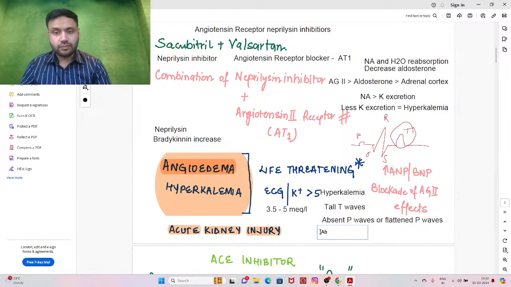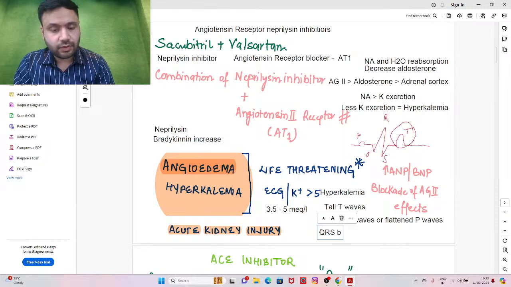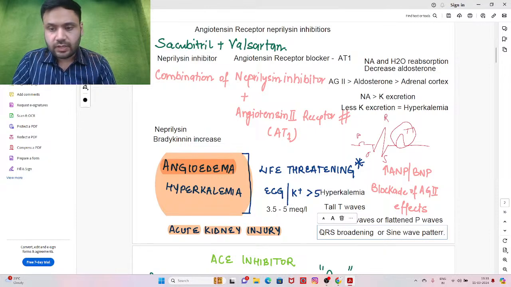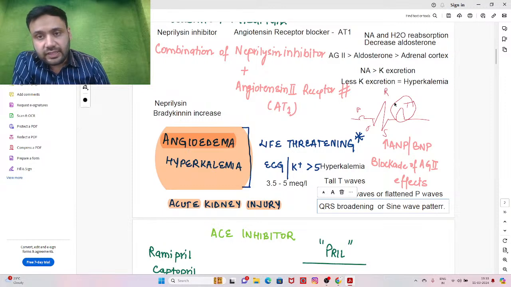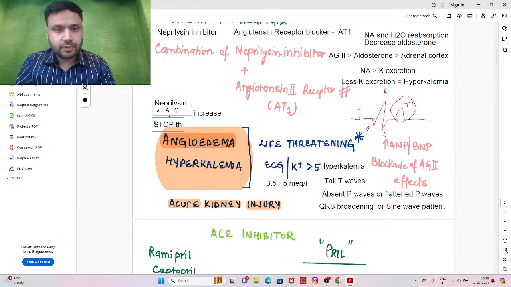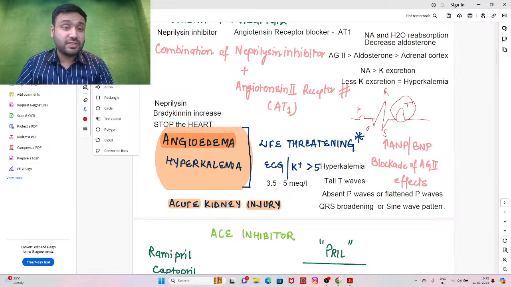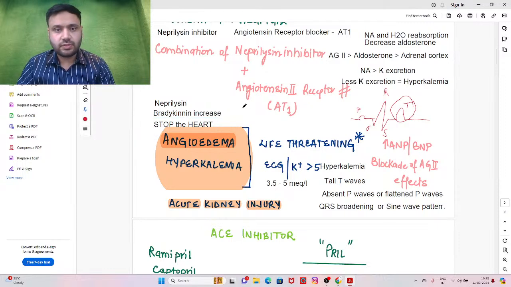And it can also lead to QRS broadening or sine wave pattern. So why is this important? These electrophysiological changes that we see in the ECG can stop the heart, which is dangerous.